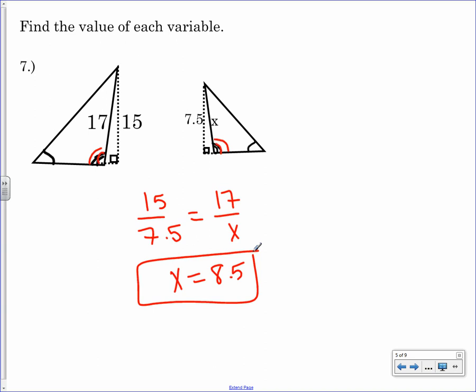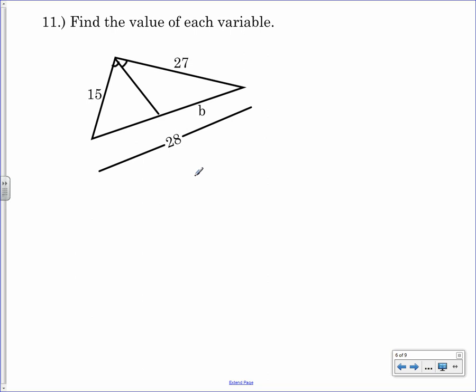Is everybody okay? Anybody need help? Okay. Next question. Find the value of each variable. So I'm going to start with the 15 over the 27. That's one way to do it.